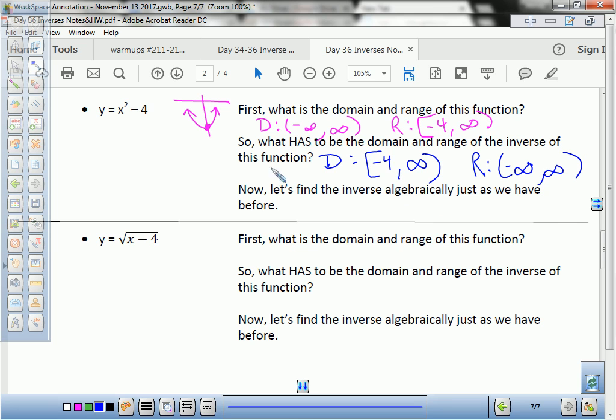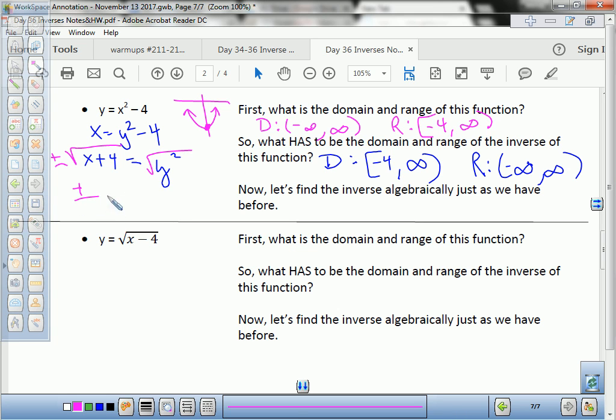And now let's find that algebraically. So we're going to swap the x and the y and solve for y. So what do you think we do first? Add. We're going to add 4. And then we take the square root. When you take the square root, you get a plus and minus.